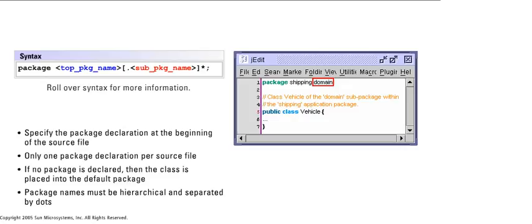So for instance, in our example, we have package shipping.domain, which means the vehicle class is going to be in the shipping.domain package. Now this maps to a directory structure. So it means that the vehicle class file, vehicle.class, will be in a domain directory, and that domain directory will be in a shipping directory. Now we'll see this illustrated in a slide in just a second.